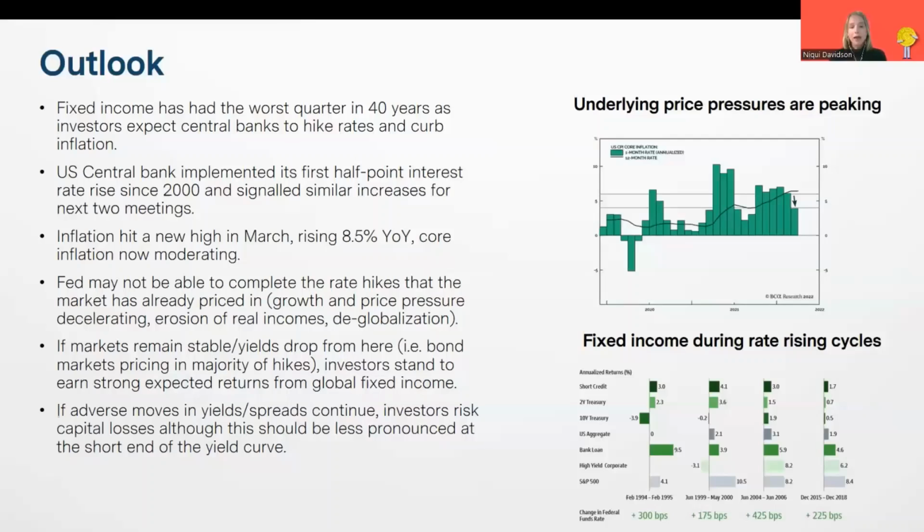Although if you look at the graph on the right-hand side, we can see that during periods of rate rising cycles, your shorter term fixed income instruments do hold up relatively well in comparison to other corners of the yield curve.